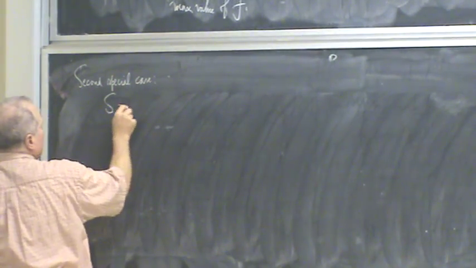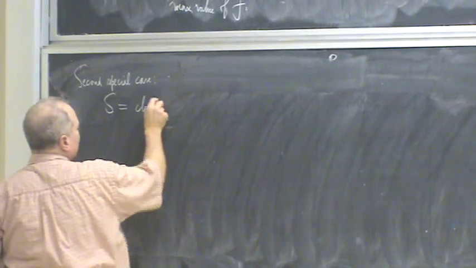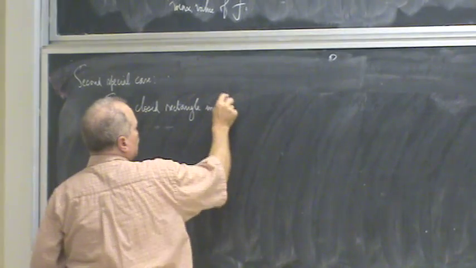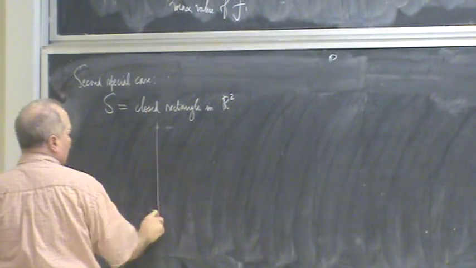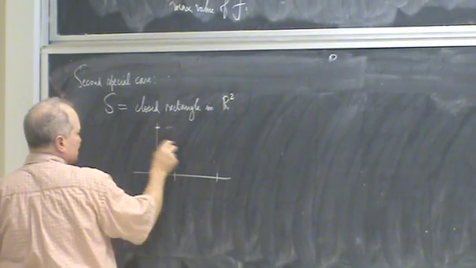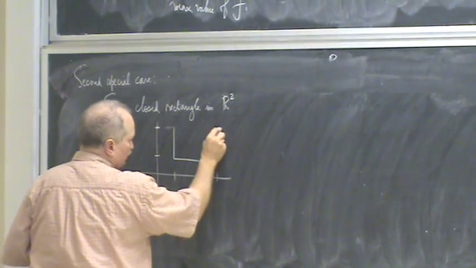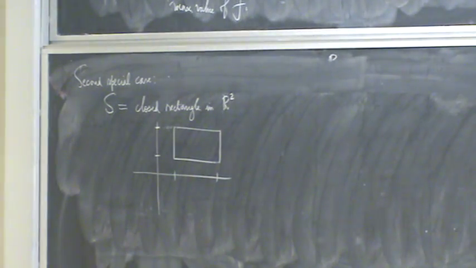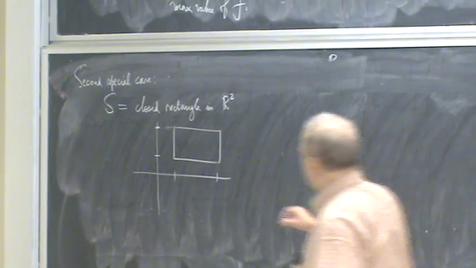Suppose S is a closed rectangle in R2. So it looks like an interval in the first axis, an interval in the second axis. You've got yourself a rectangle. And you've got a sequence of points in your closed rectangle.